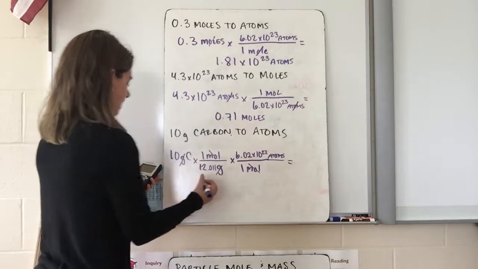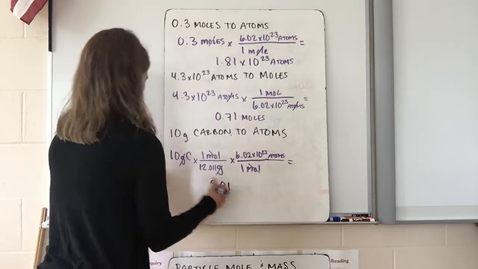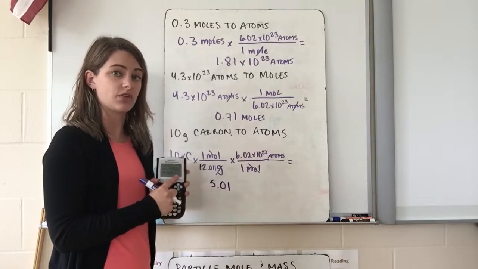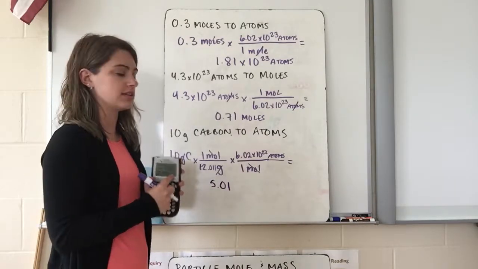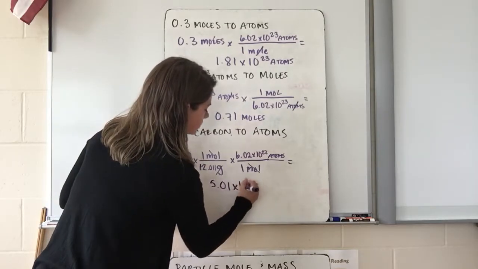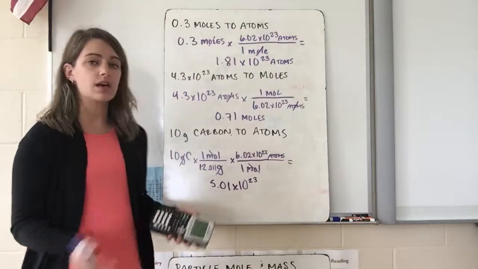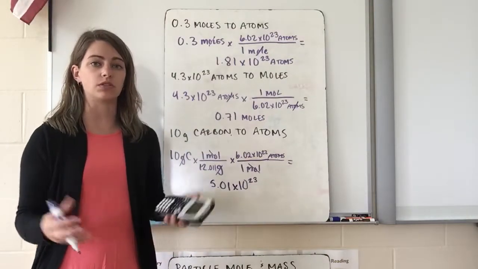And so I get as my answer 5.01. Now my calculator says E23. Remember, that just means times 10 to the 23. So 5.01 times 10 to the 23rd. So that's how we go from grams to moles to particles.